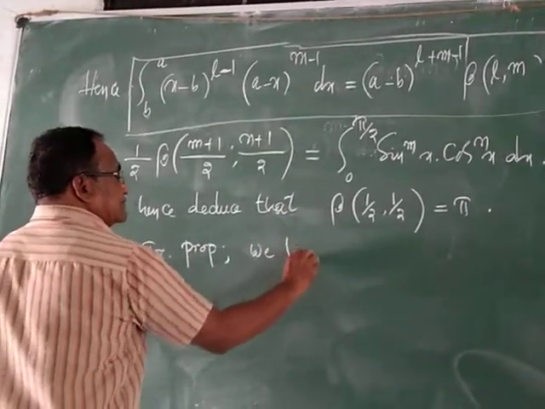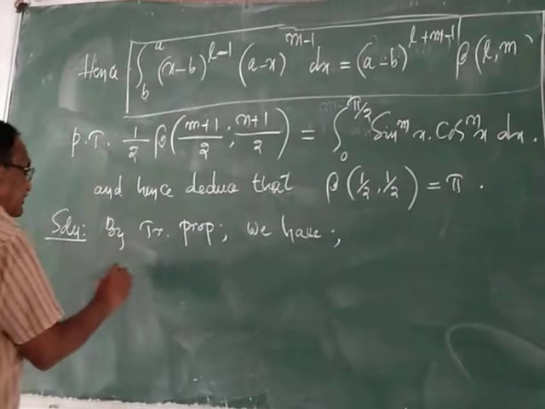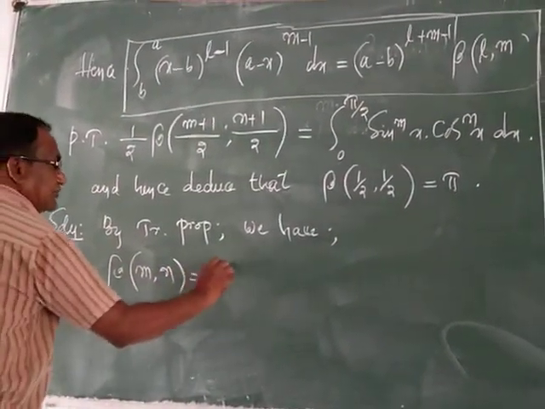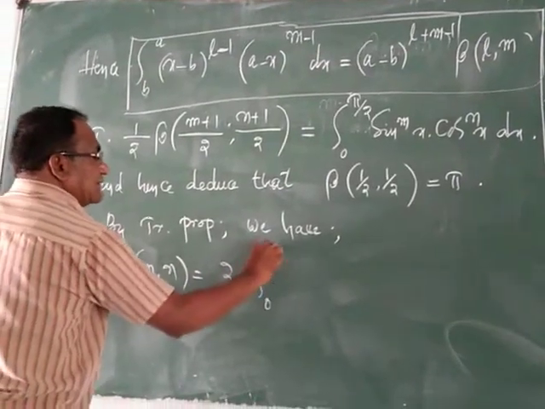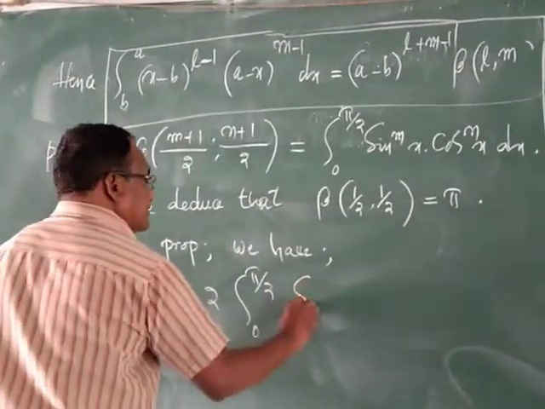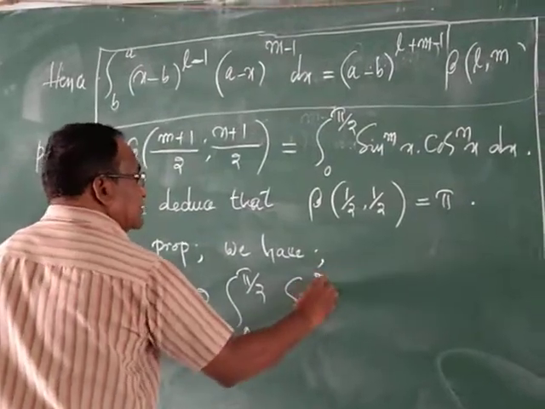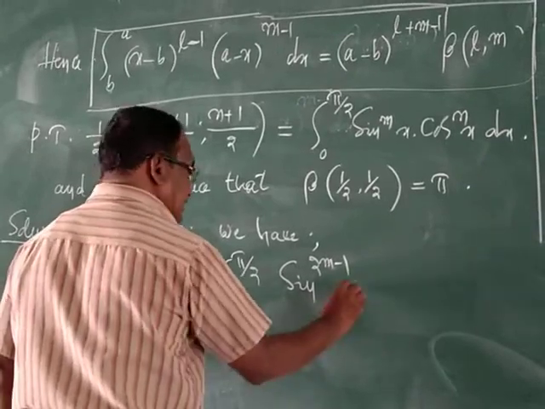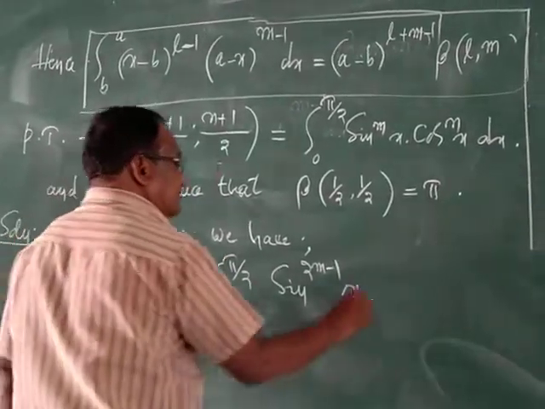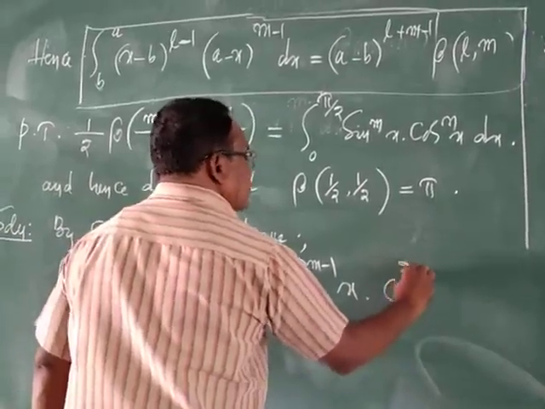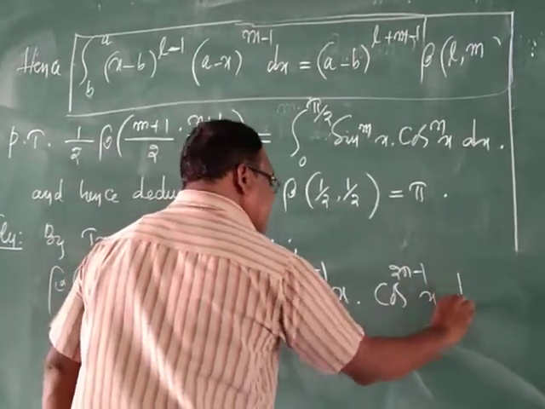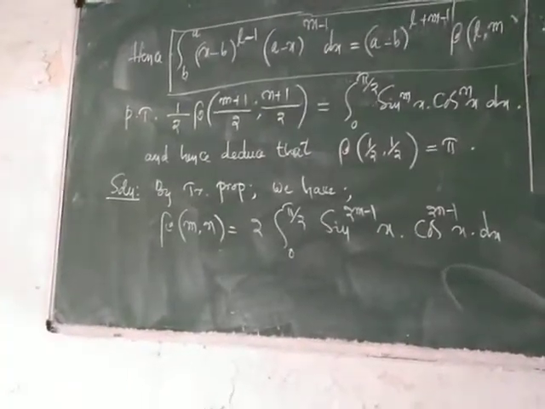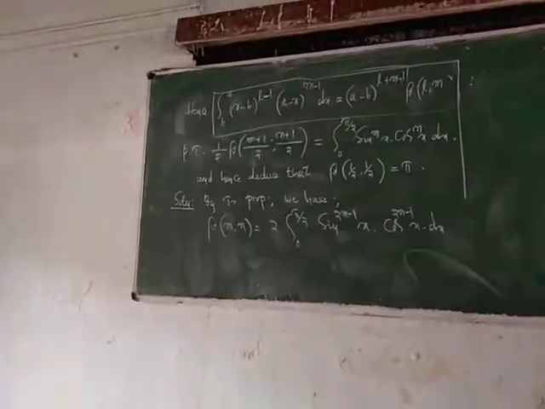By transformation property, we have beta m, n is equal to 2 times integral from 0 to pi by 2 sin to the power 2m minus 1 theta, or x, into cos to the power 2n minus 1 x into dx. This is clearly by the transformation property of beta function.